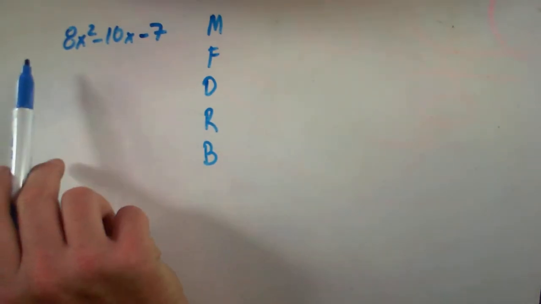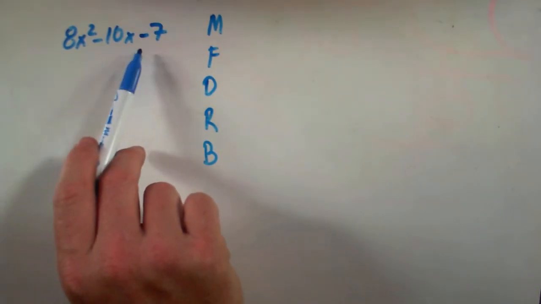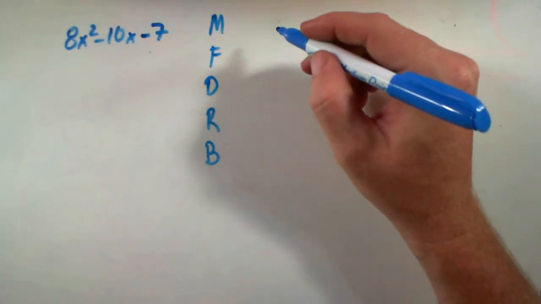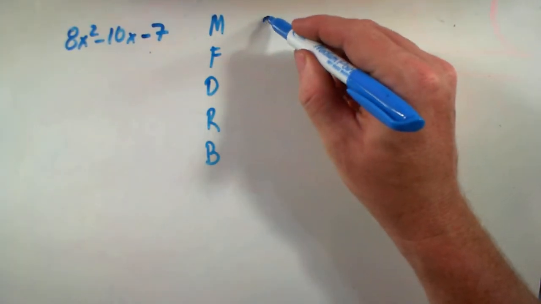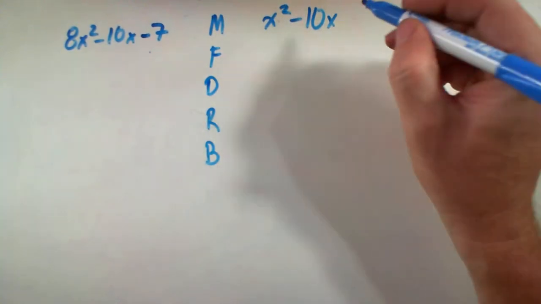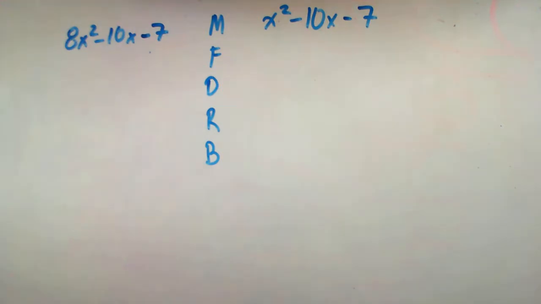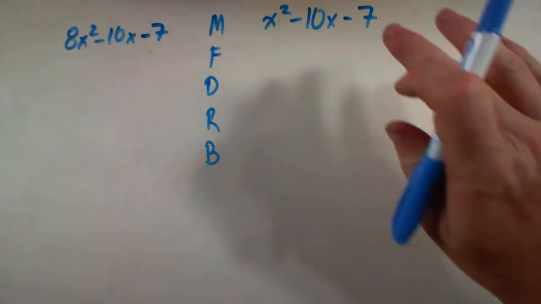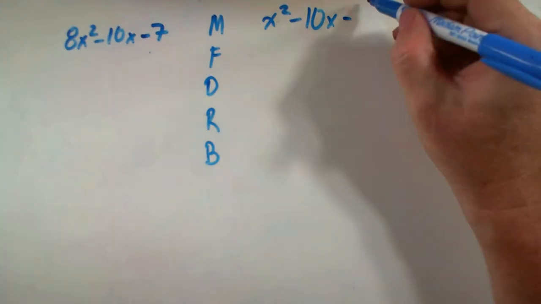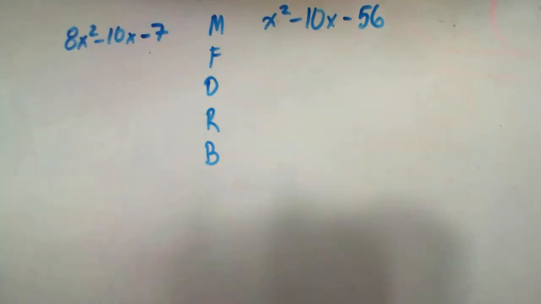So I take my front number, 8, and multiply it by the negative 7. That's my multiply step. Oops, my bad: negative 7 times 8, which is negative 56, so that gives me x squared minus 10x minus 56.